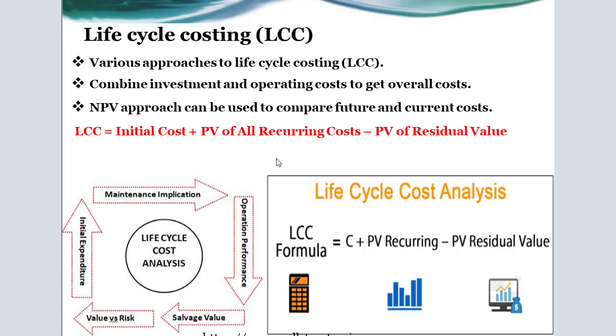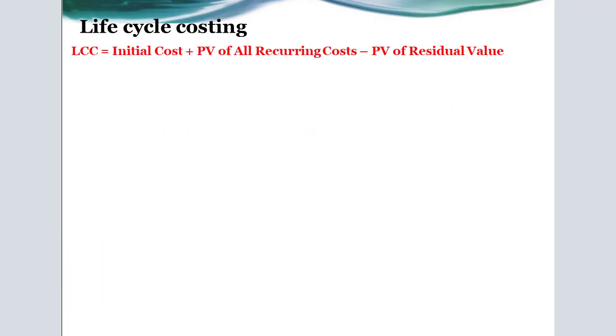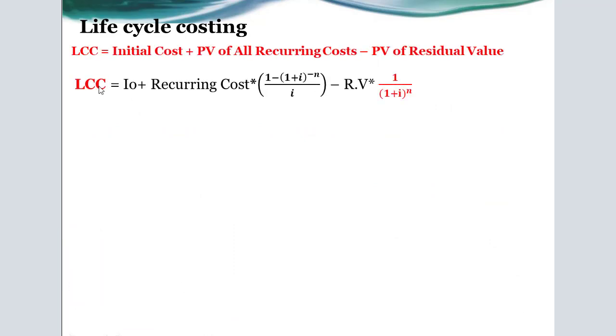So this equation can be expressed in a more detailed form: life cycle cost equals initial cost plus recurring cost multiplied by this value, minus residual value multiplied by this factor. The factor between the two brackets represents the annuity factor.